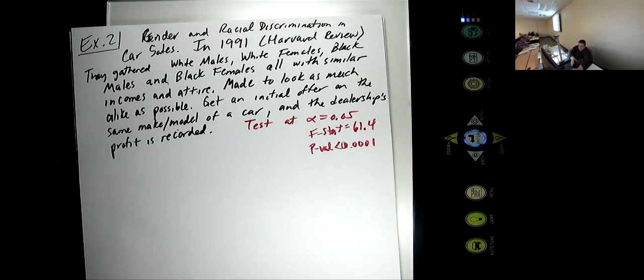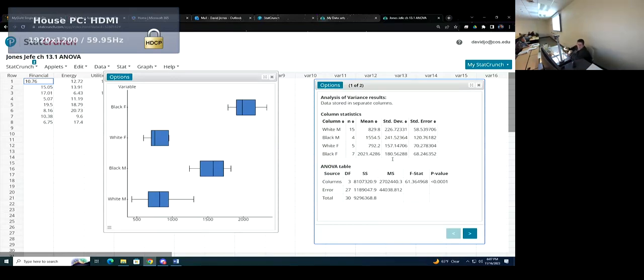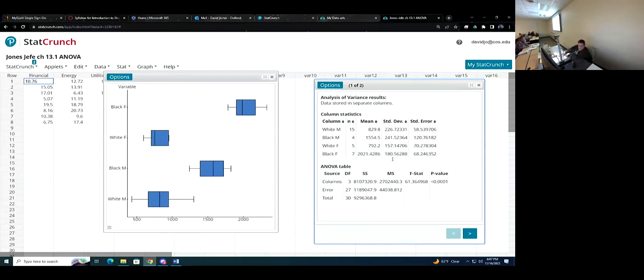Oh, there's something else I didn't write down. There's more we have to do. Look at this. We have to check the standard deviations. So I'm just going to write down the smallest and the largest. It looks like the smallest standard deviation is 157.